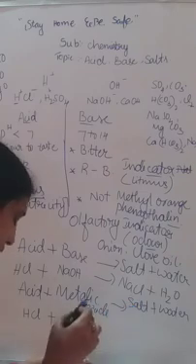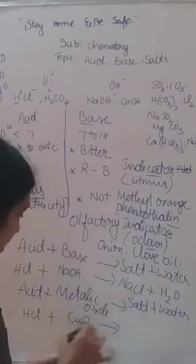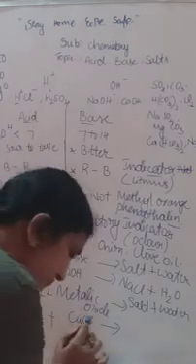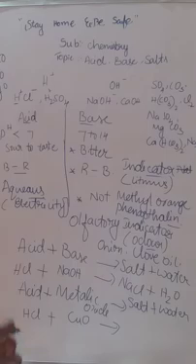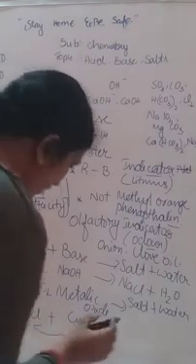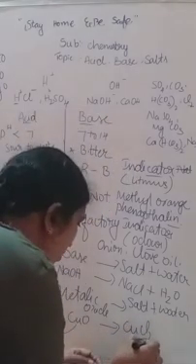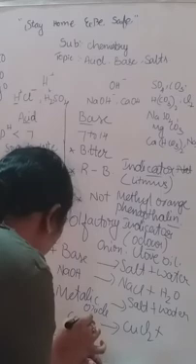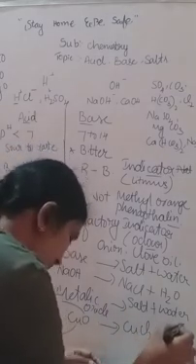If it is mixed with any one metallic oxide, take cuprous oxide. Here a double displacement reaction will take place, I think you know about that. Cu joins with Cl, so that forms CuCl2, plus hydrogen comes and combines with the oxygen, that forms water.